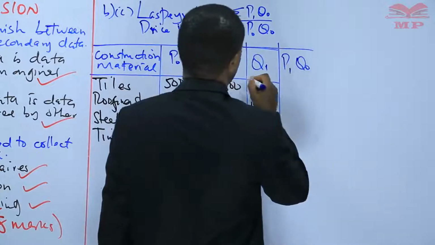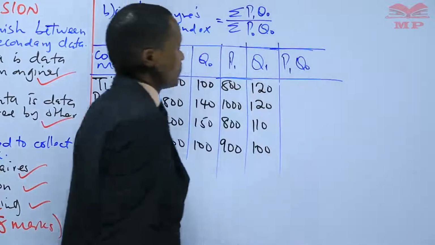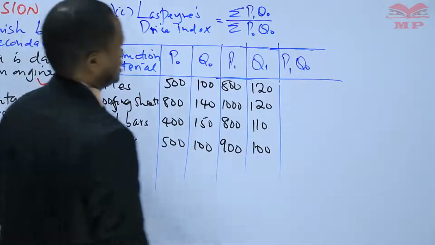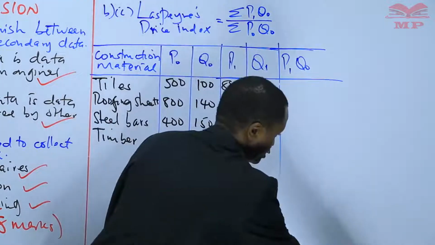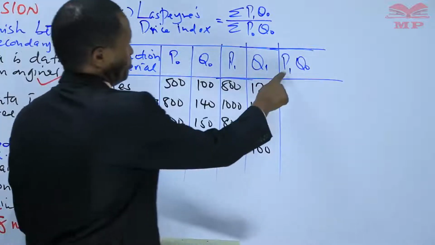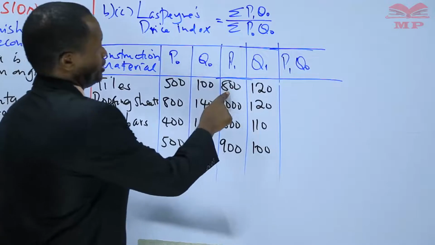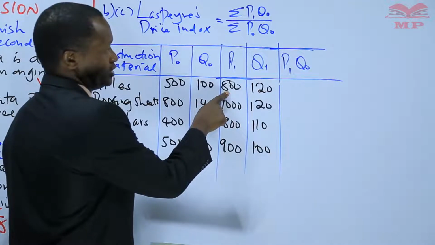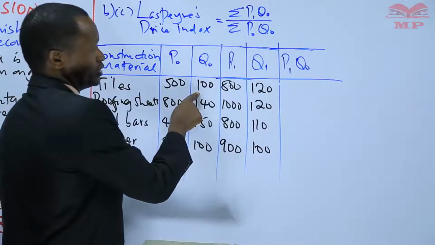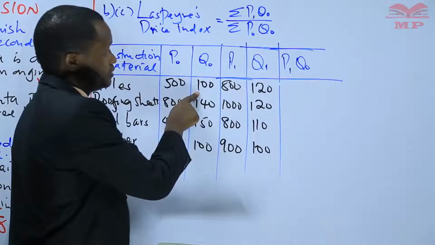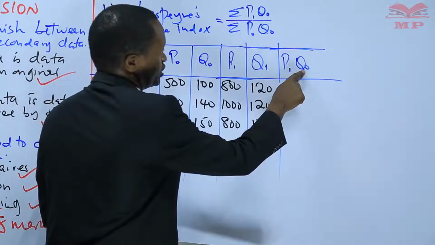So for tiles, P1 is 800 times Q0, 100. Do you see that?